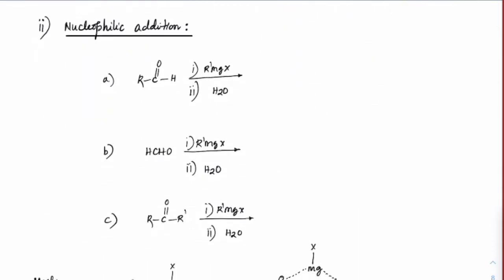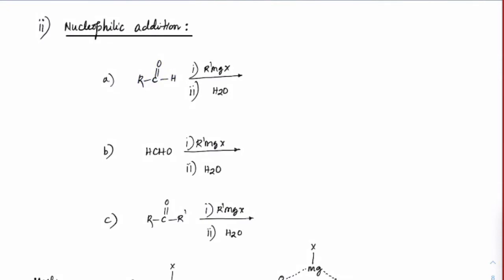Next we see nucleophilic addition. On aldehydes, ketones or acid derivatives, we can carry out nucleophilic addition, by which we can get alcohols. We have seen Grignard's reagent being used extensively for converting aldehydes or ketones into alcohols. For instance, here we have an aldehyde.